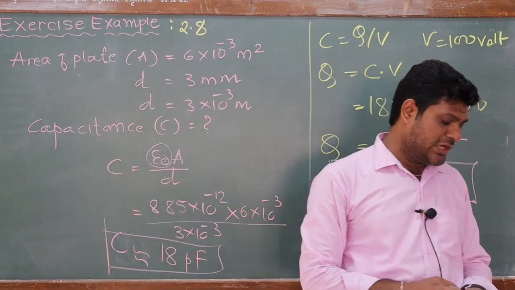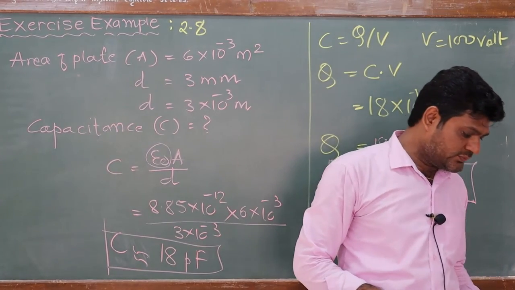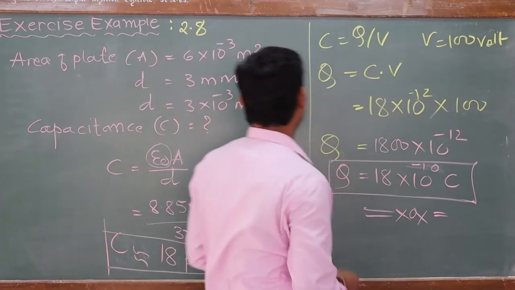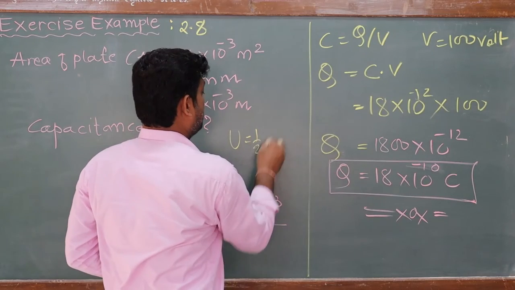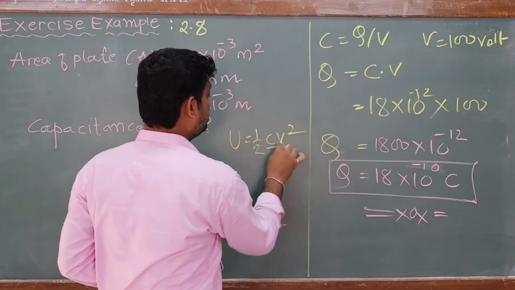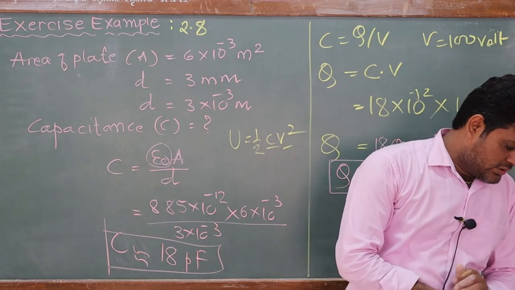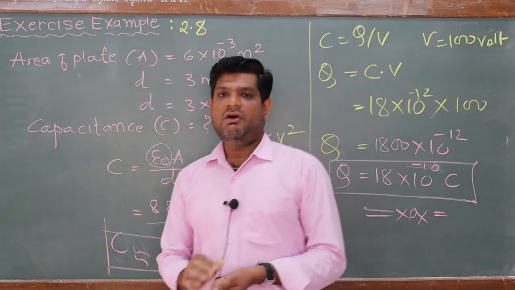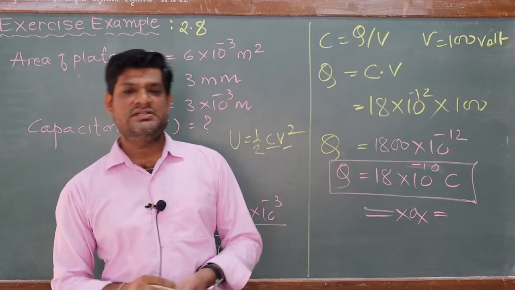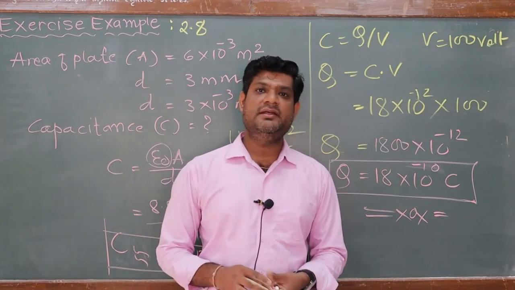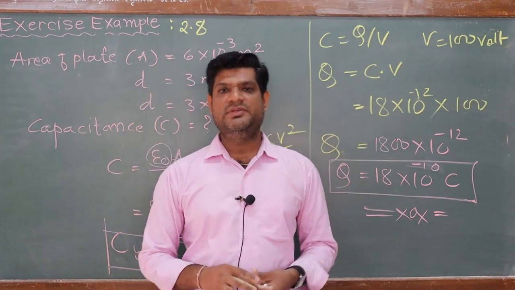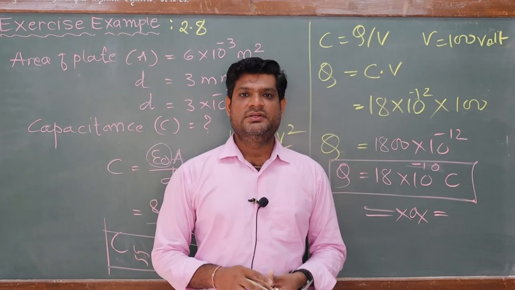How much electrostatic energy will be stored in the capacitor? You just use the formula U equal to half CV square. C is given, V is given, you can easily get the answer. And 2.11 we have already completed. So students, in this way we completed the exercise of chapter number 2. Thank you.